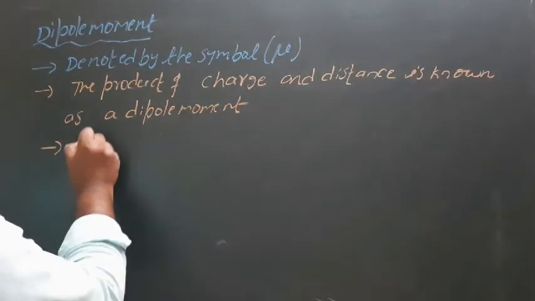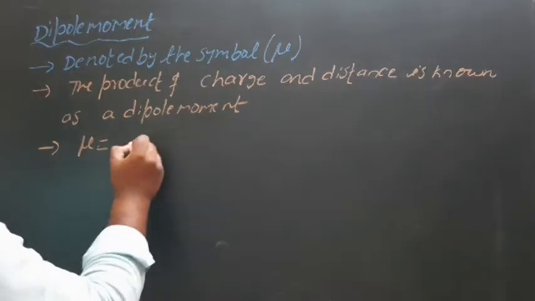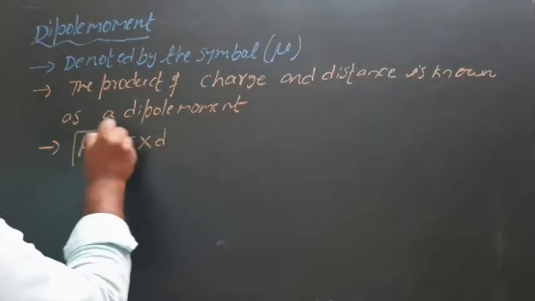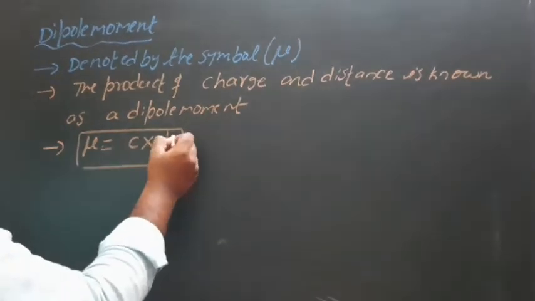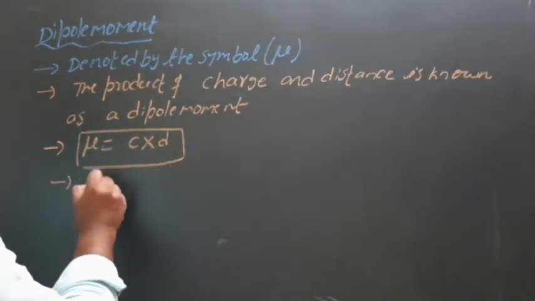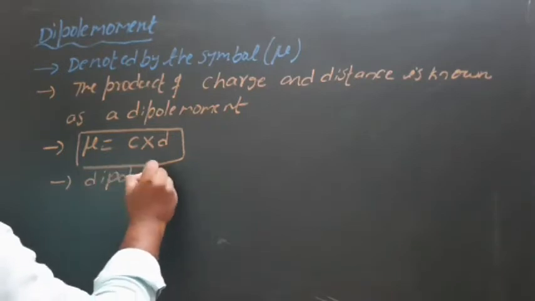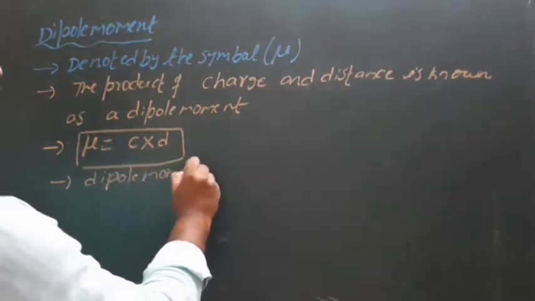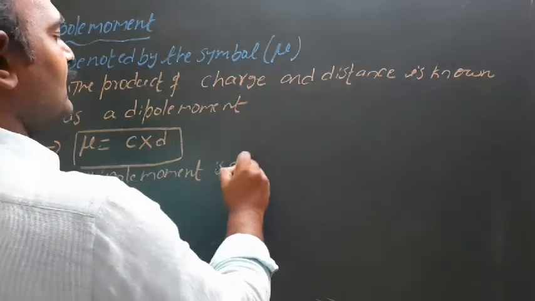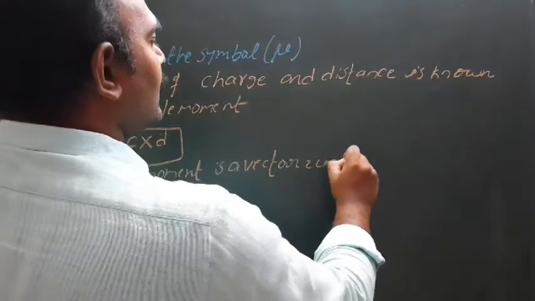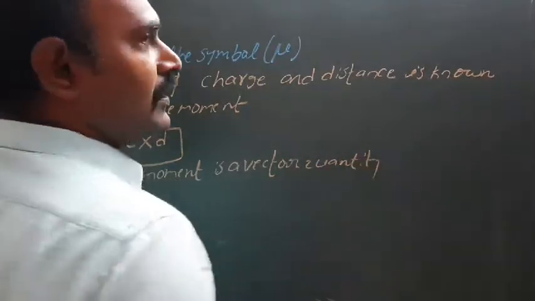Now see the formula: dipole moment is equal to charge, symbol Q, times distance, symbol D. Dipole moment is a vector quantity. What is the meaning of a vector quantity?